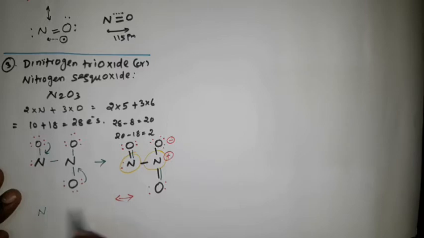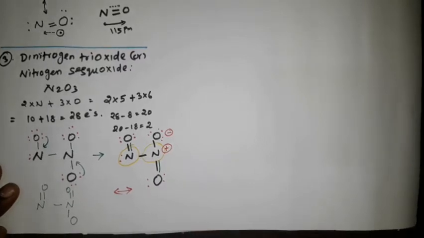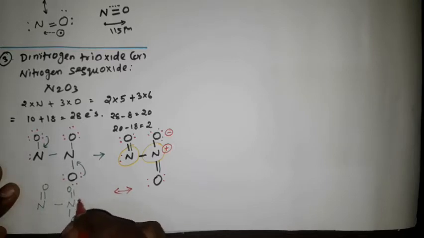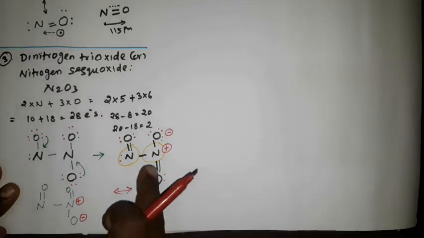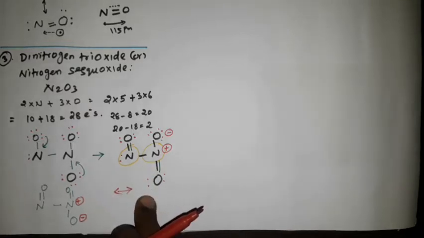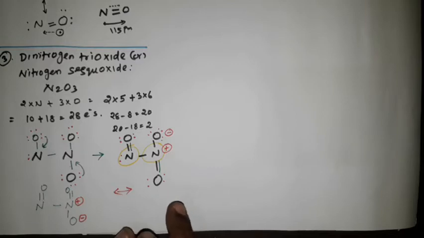Nitrogen, this oxygen double bond O, then nitrogen, here it can come double bond O, and here single bond oxygen. Okay. So here negative charge and here positive charge. This is the resonance structure for this dinitrogen trioxide.